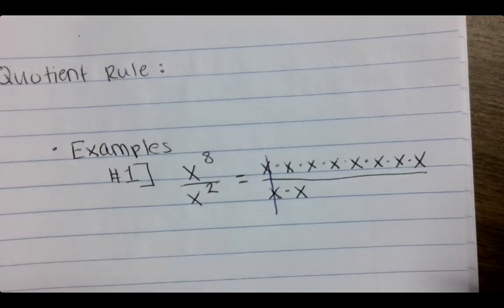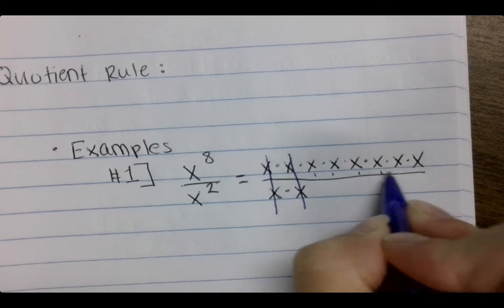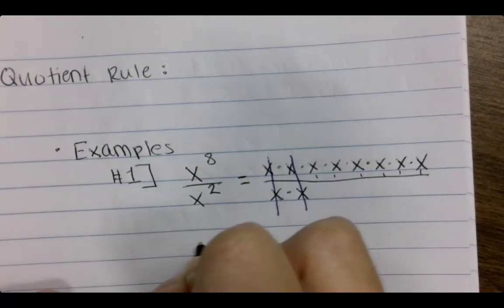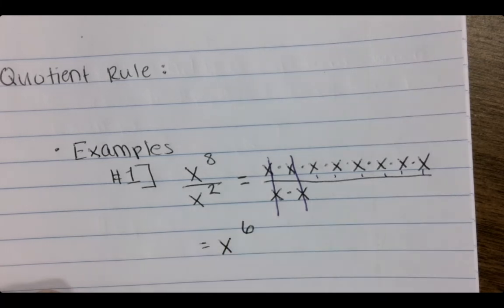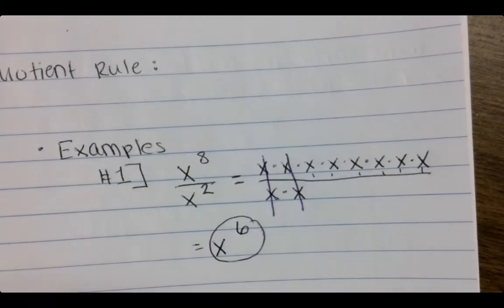So here they line up. Here they line up. So I'm left with 1, 2, 3, 4, 5, 6 x's on top. All right?